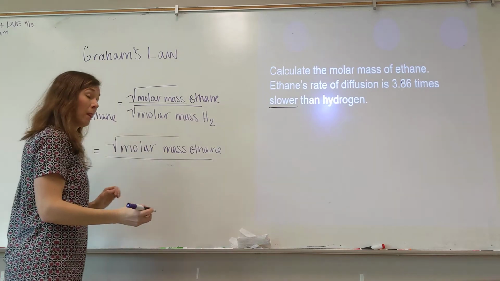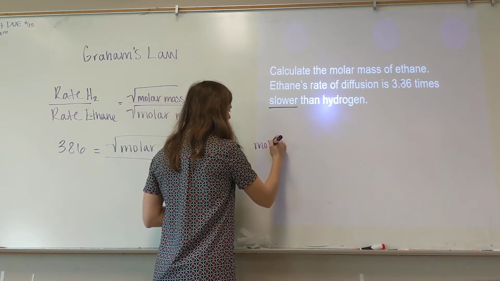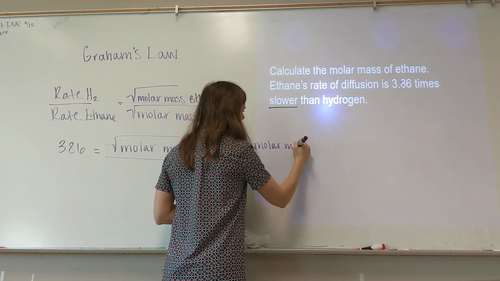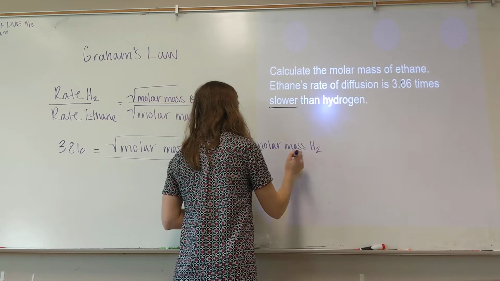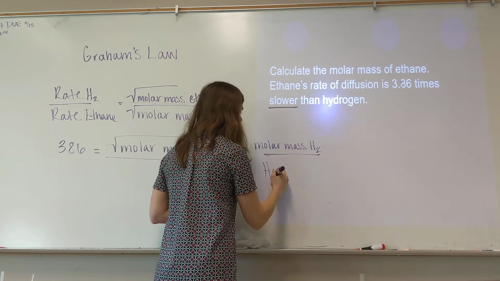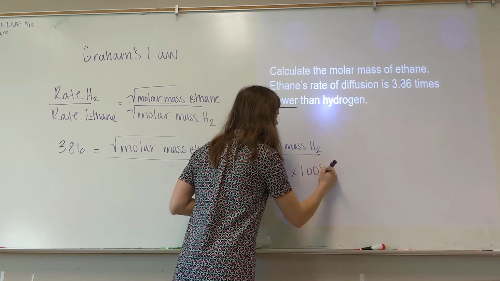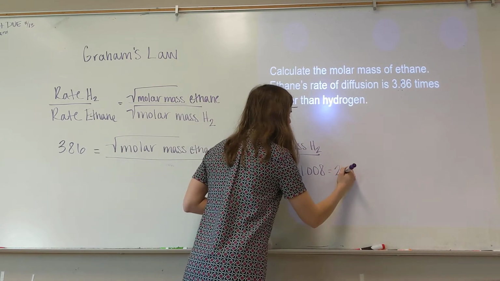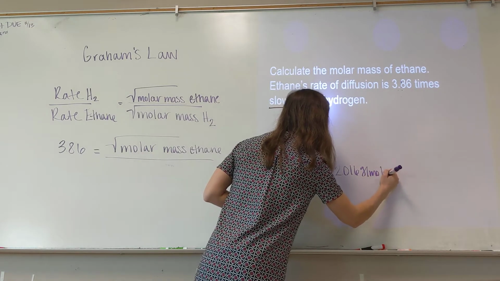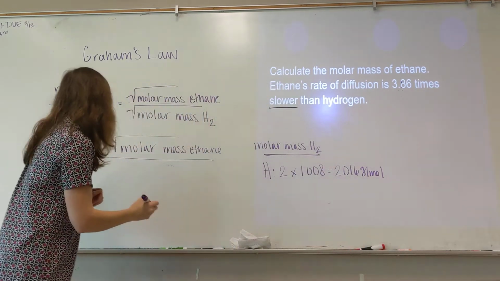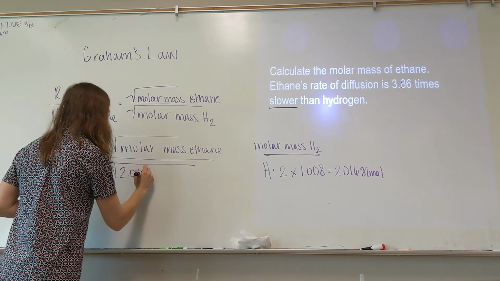And I can go over onto the side. Again, I have hydrogen, 2 of them, times 1.008 is equal to 2.016 grams per mole. So I'm going to have the square root of 2.016.